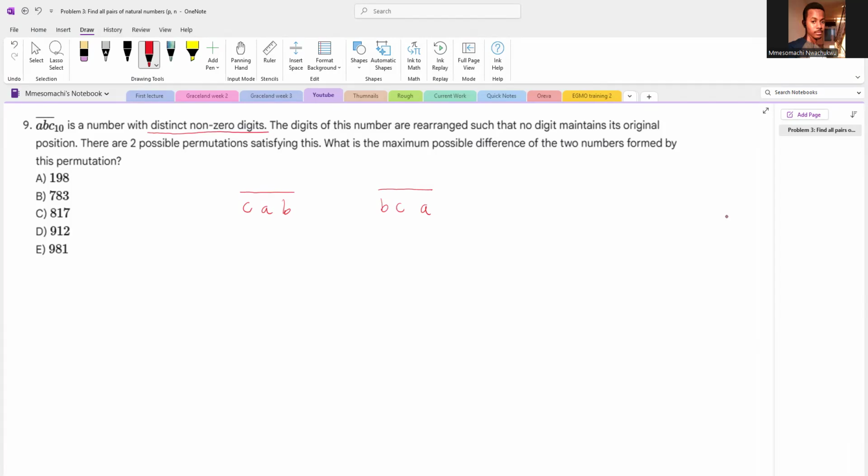So the next thing we want to look at is the difference of these two numbers.